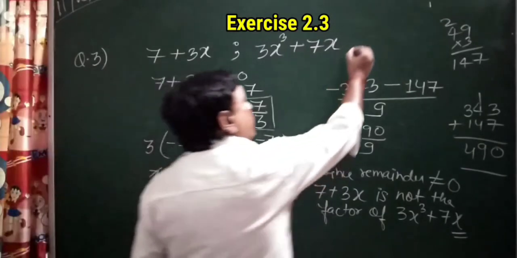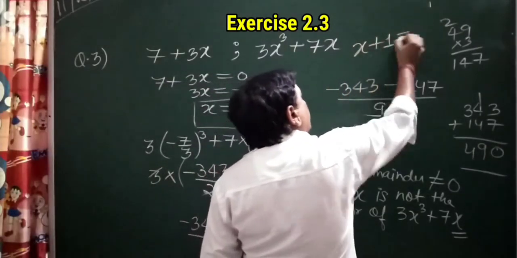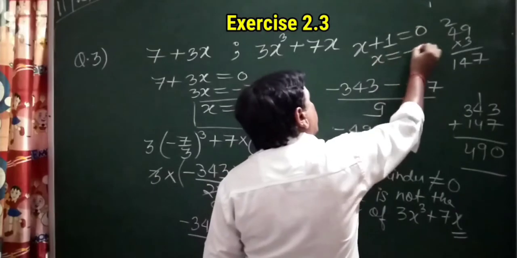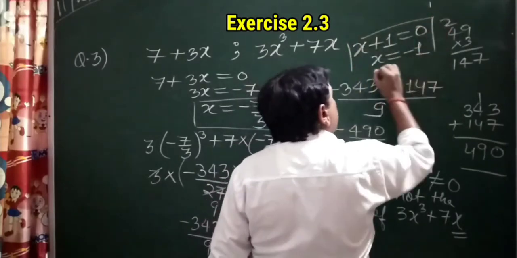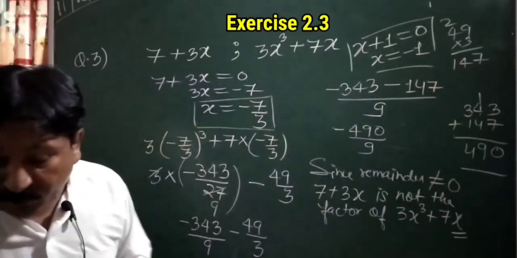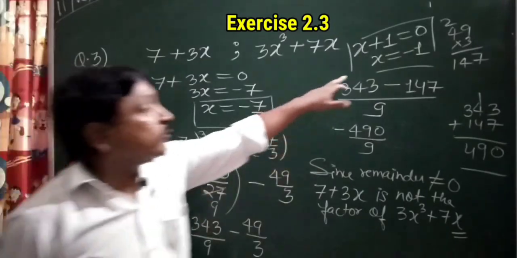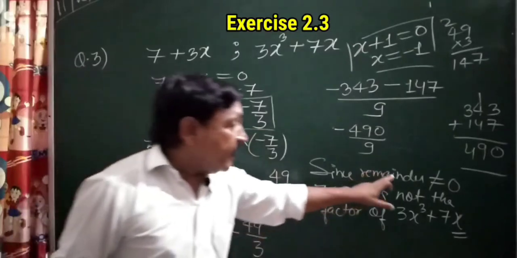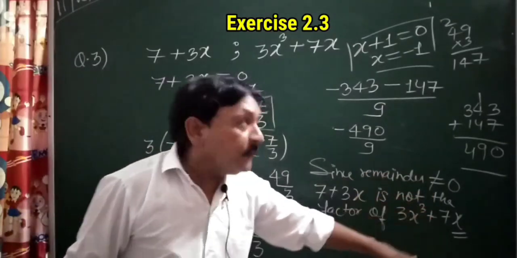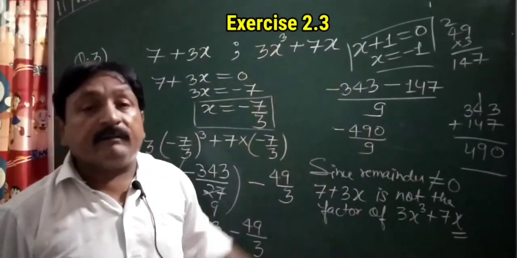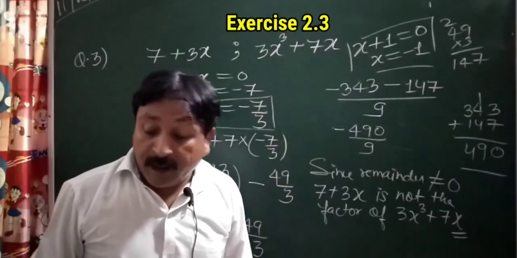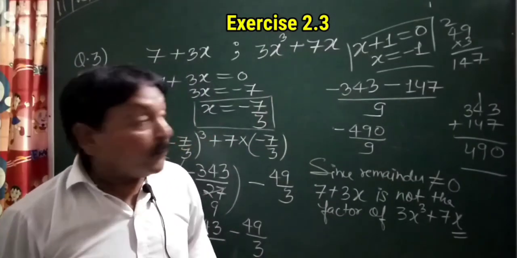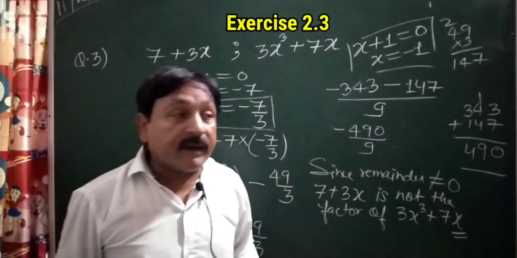That means we put x plus 1 equals 0, then x equals minus 1. Okay? And in all 4 polynomials, we have to put minus 1 in place of x and solve it in the same way. If the remainder equals 0, then x plus 1 will be a factor, otherwise it will not be a factor. Okay? So complete exercise 2.4, question number 1 in your fair copies, and the rest we will do in our next class.